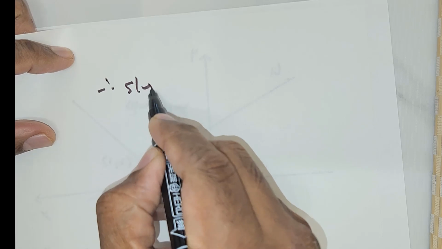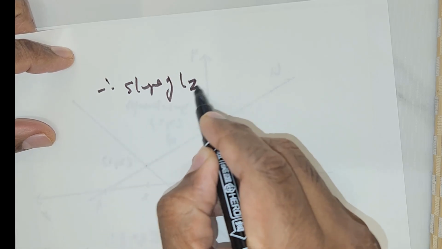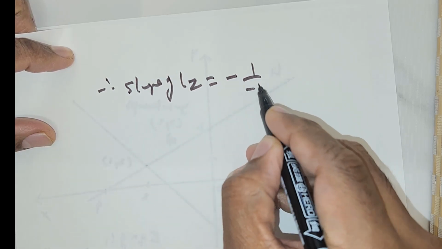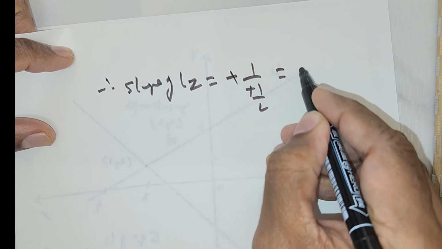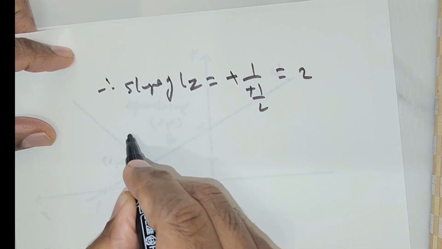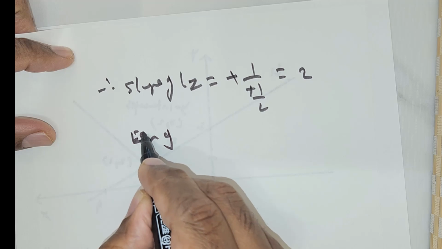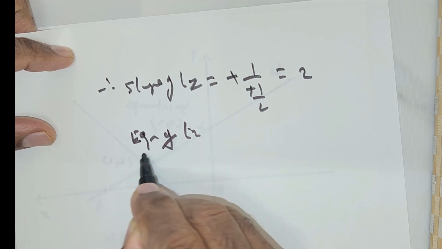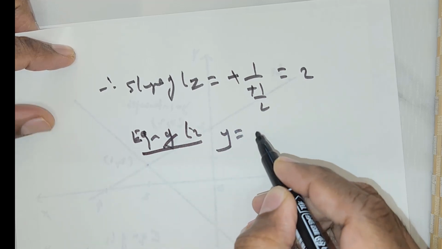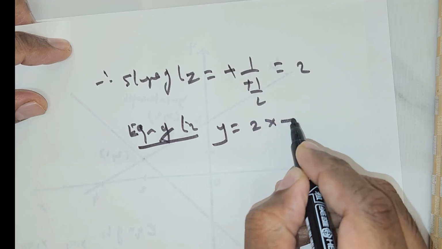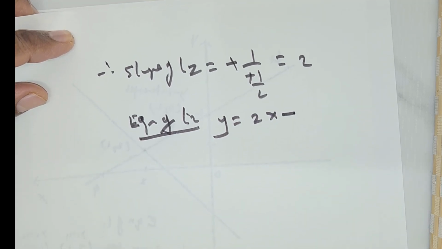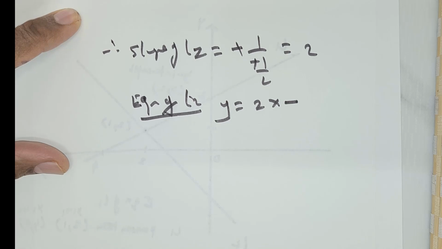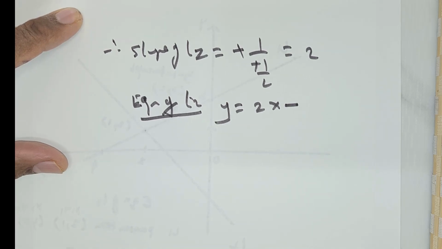So therefore the slope of L2 is negative 1 over negative 1 over 2, which is nothing but 2. So now the equation of L2 is y is equal to 2 times x plus c. We will have to get the value of c here.